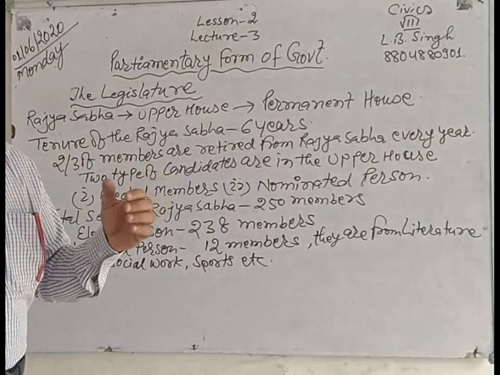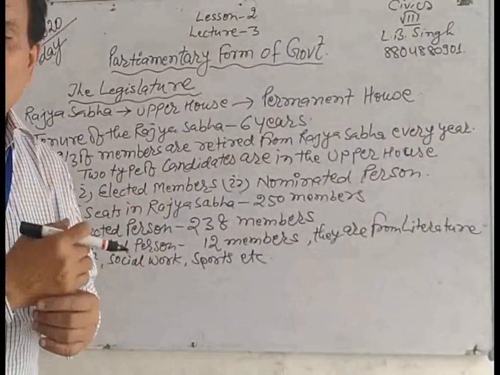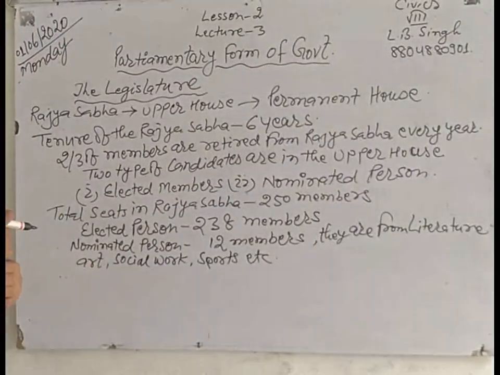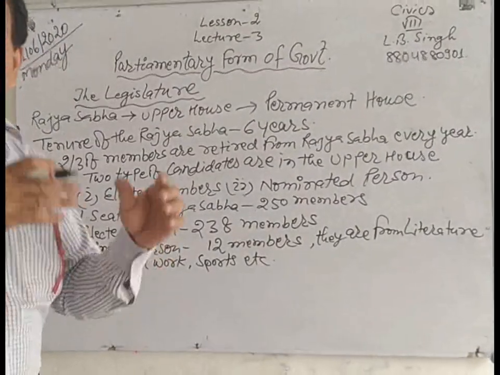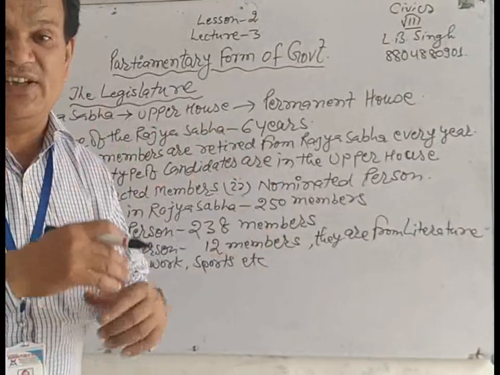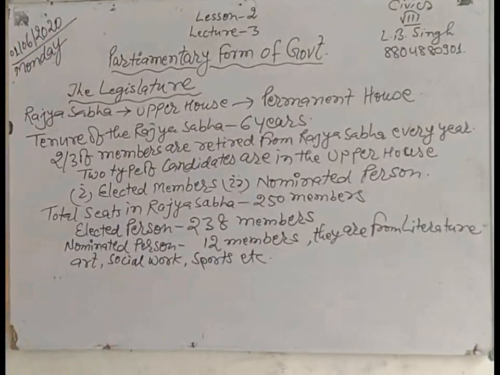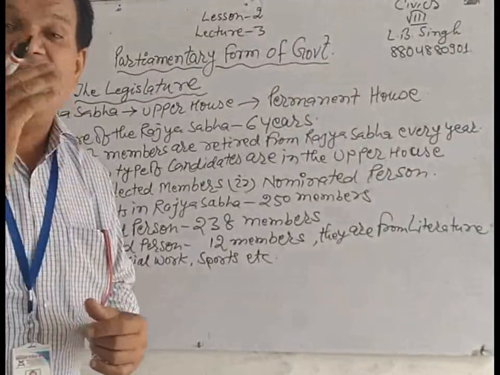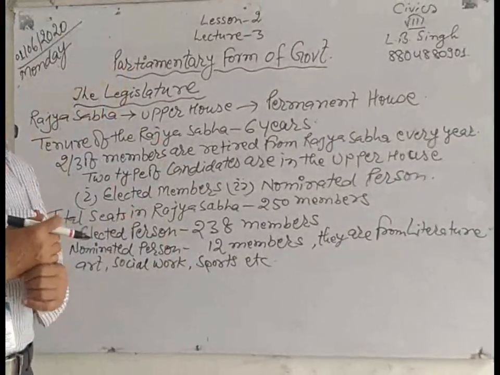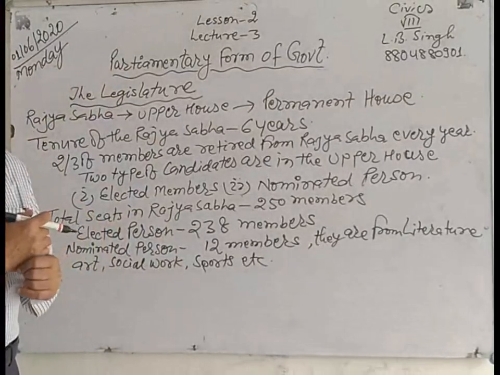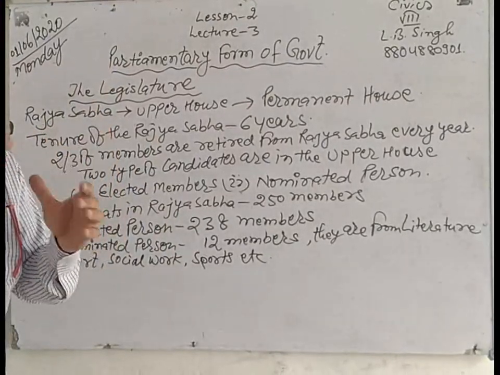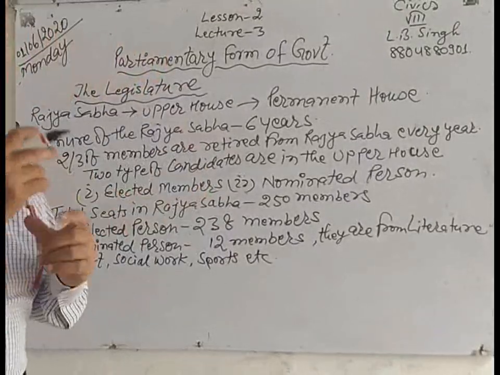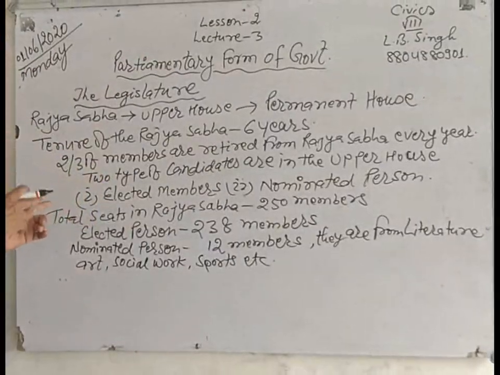She is the film actress. She was also nominated by the President of India and she was famous in acting, heroine. Have you heard the name of ex Chief Justice of India in current time, Gogoi? They were also nominated by the President of India as a member of Rajya Sabha.